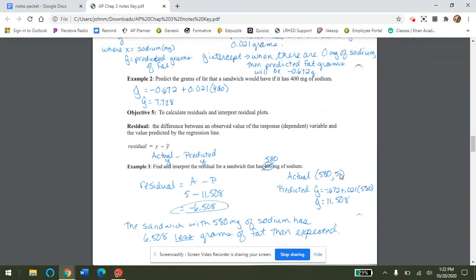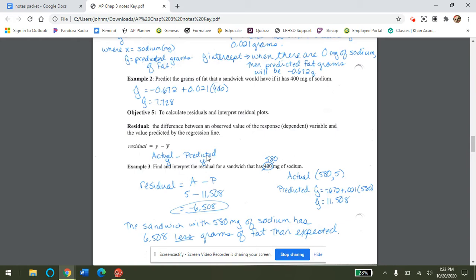The first thing you need to do is plug it in to find your predicted value. You're going to plug in 580 for your x, and this is your predicted y. We thought it was going to have 11.508 grams of fat. To calculate a residual, you take your y and subtract y hat, so it's your actual y minus your predicted y.